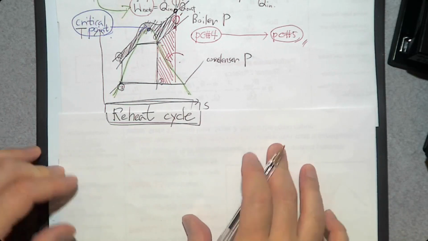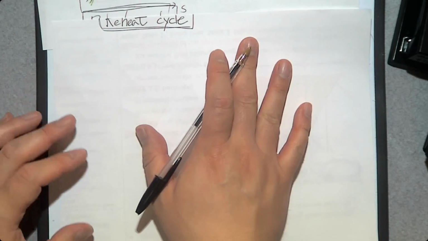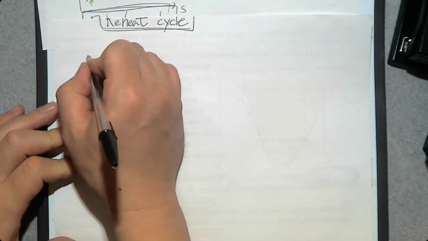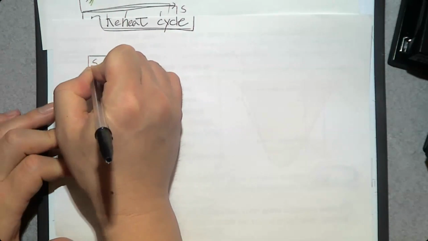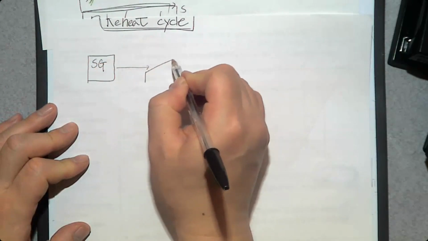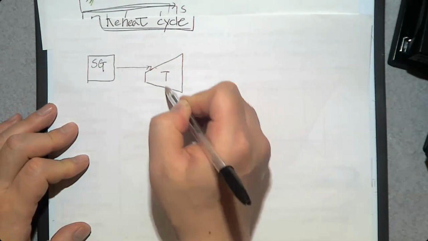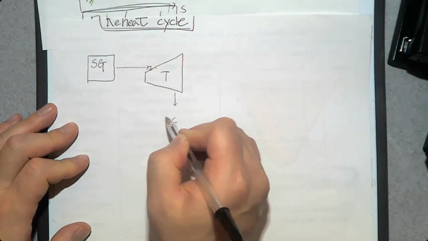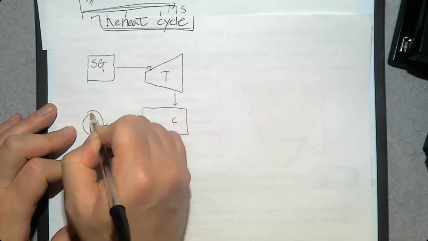So the original Rankine cycle has a steam generator, one turbine, a condenser, and a pump.